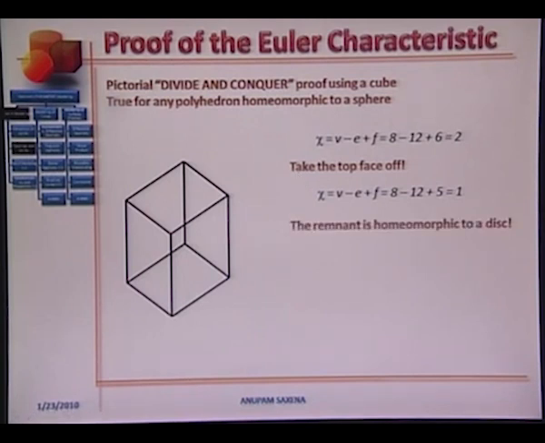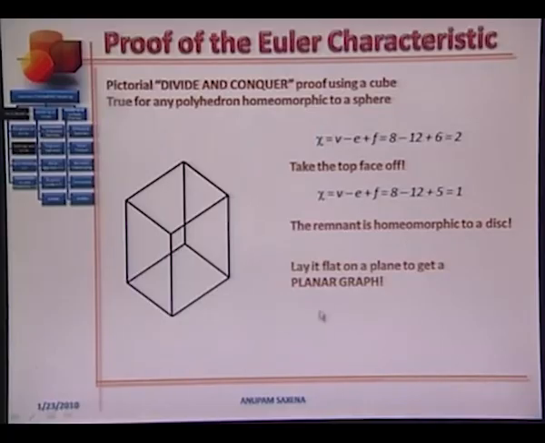You can also note that this surface now, which is not bounded anymore, is homeomorphic to a disk. And therefore, it can be laid flat on a plane. When you do that, you get a planar graph.